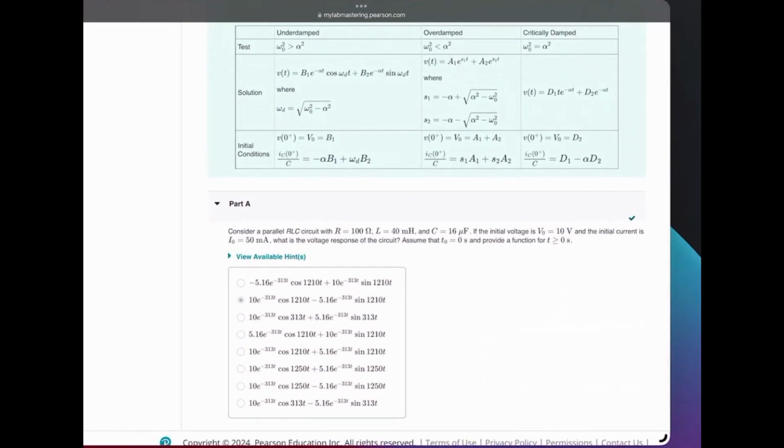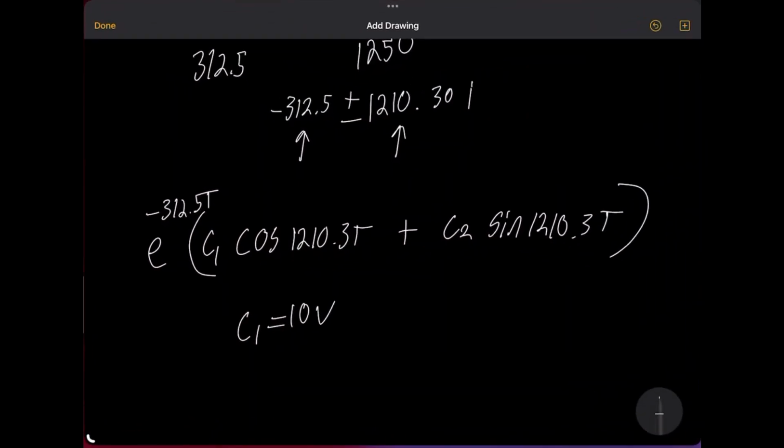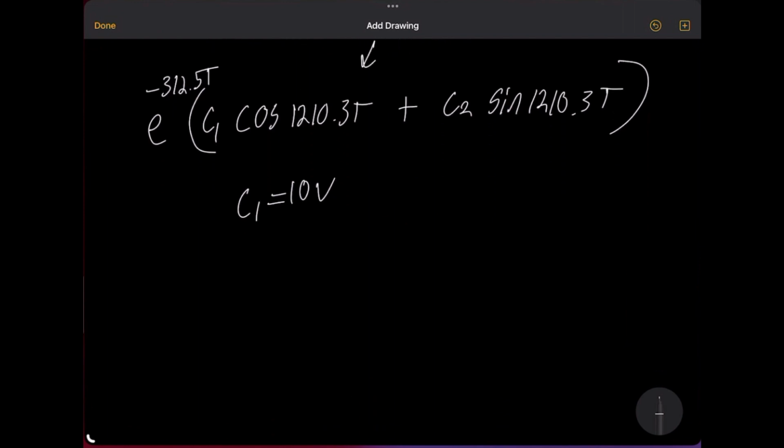And to solve for C2, you grab the derivative of this function, which that cosine is going to become a sine. You need to focus on the sine becoming a cosine, which is going to be the product of negative e to the t power and the sine.